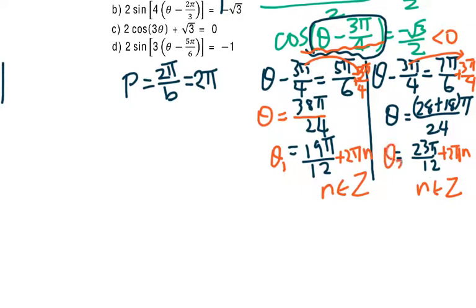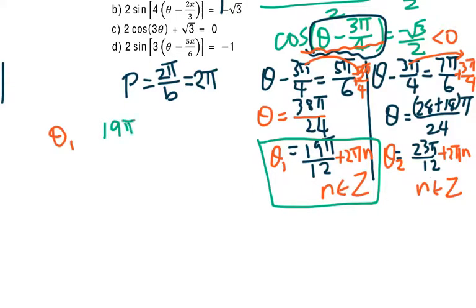That's your theta 2. So how to list those solutions between negative 4 pi and 4 pi? I will list theta 1 over here. You need to focus on this first. We go to 19 pi over 12.